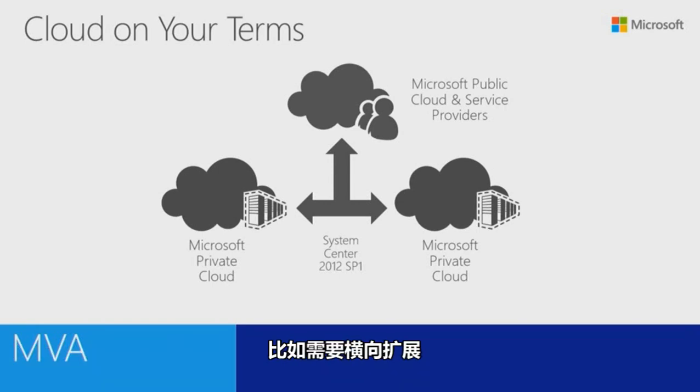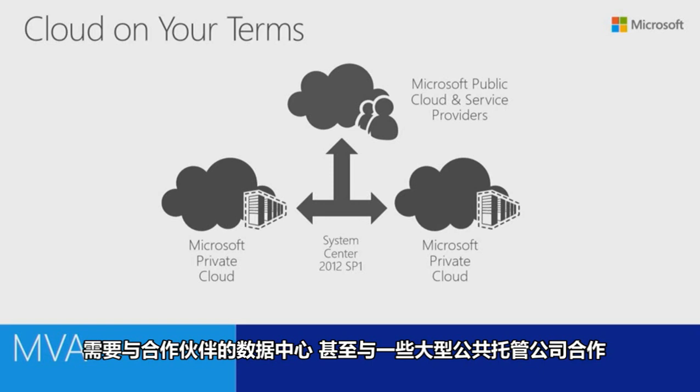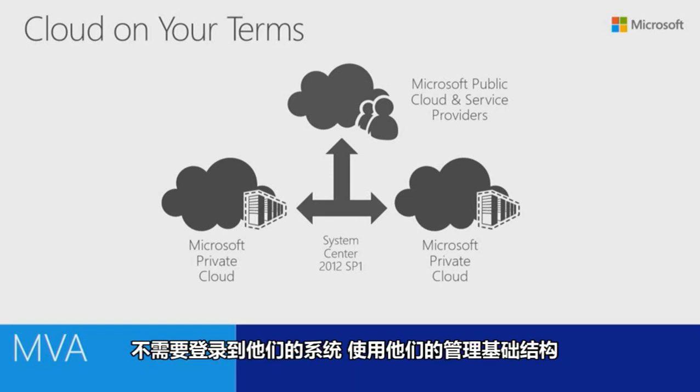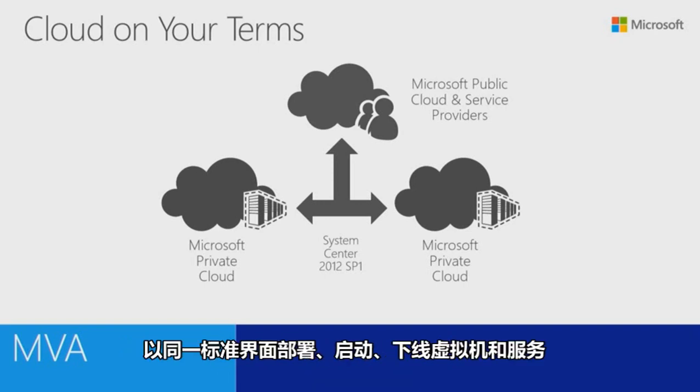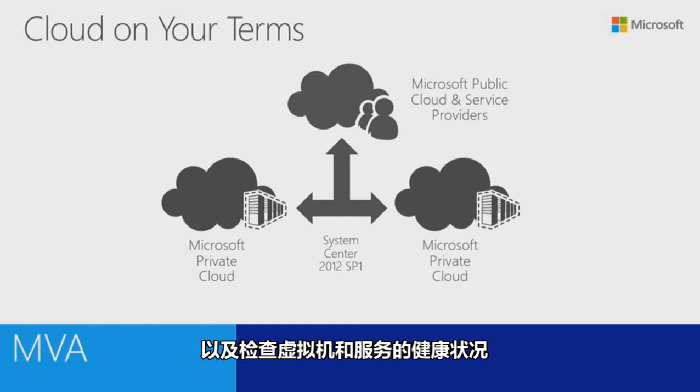So let's say you need to scale out. You need to work with a partner data center or even work with some large public hosting company. Well, rather than have to go log into their system, use their own management infrastructure, we can actually use App Controller, that same standard interface, to deploy our virtual machines and services, start them up, bring them offline, and check the health of them.